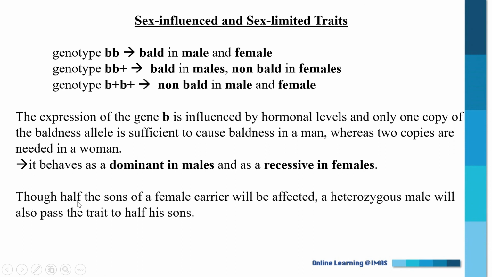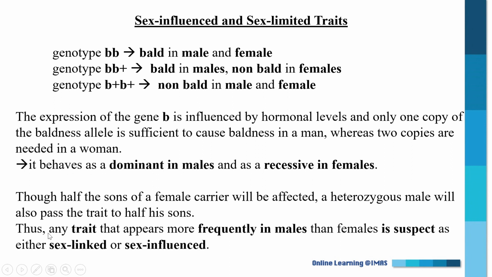If you have a female who is a carrier, half of her sons will be affected. A heterozygote male will also pass the trait to half of his sons.